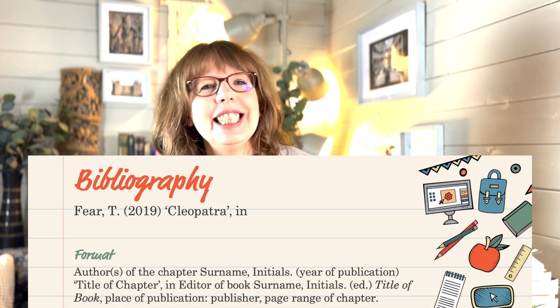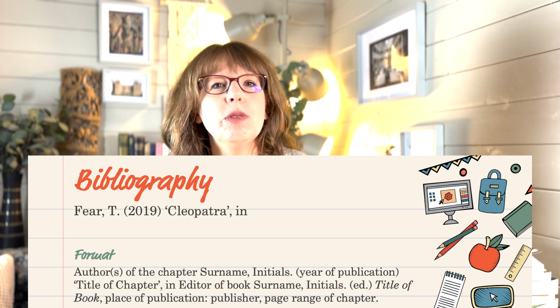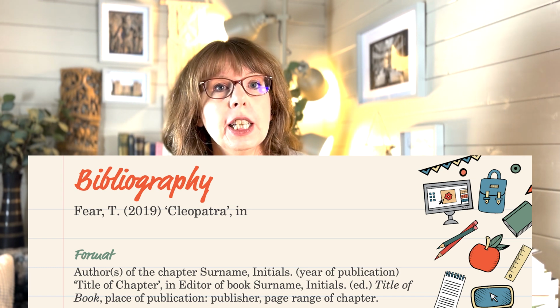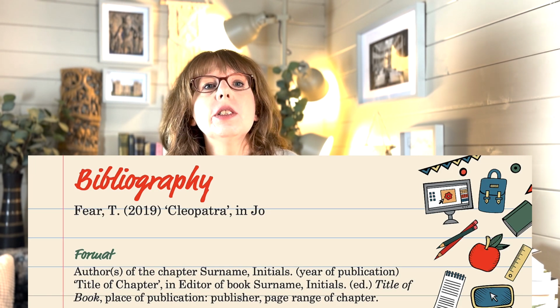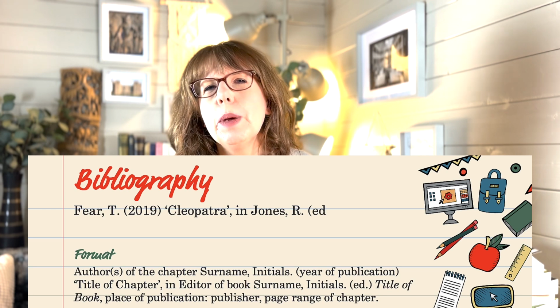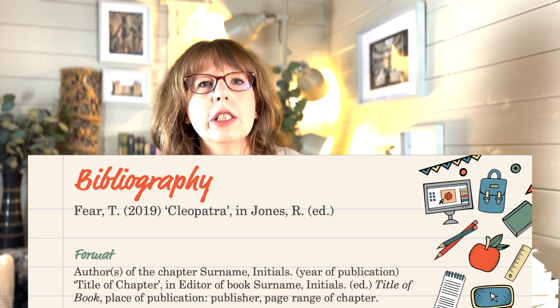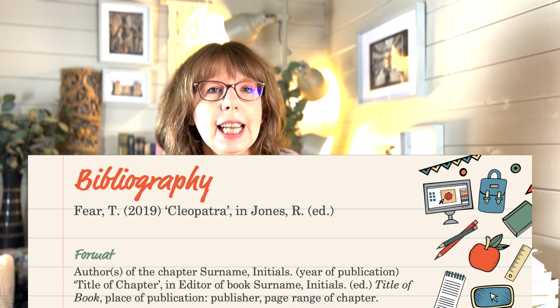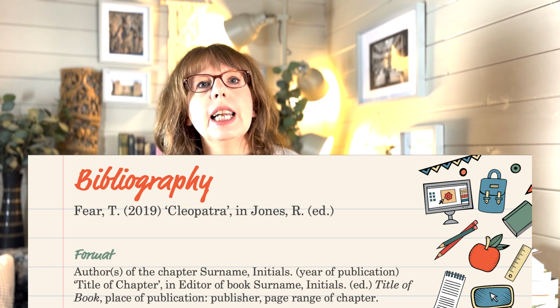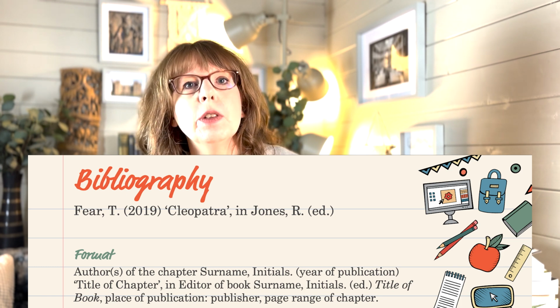Next, it's the editor's name. I can see that this is Richard Jones. He also wrote the introduction and conclusion to this book. We need to use the format surname, initial, so that would be Jones, R dot. Since Richard Jones is the editor, I need to indicate this by adding brackets and including the letters ED and then a full stop.